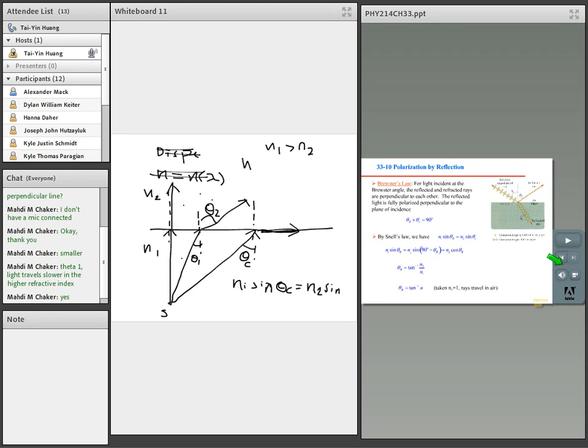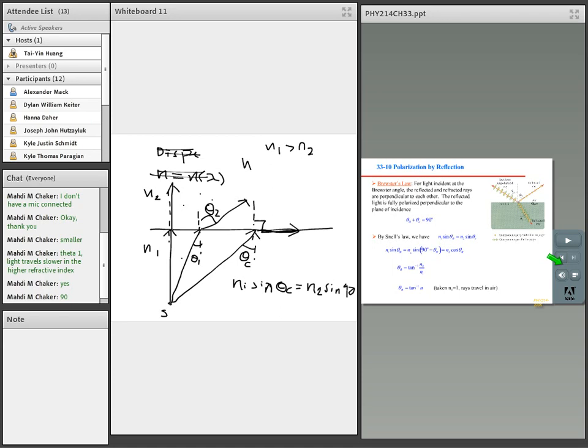What is the angle of refraction? That's my second question to you. In other words, what is our theta 2 now? 90 degrees, exactly. This angle measured from the normal is 90 degrees.